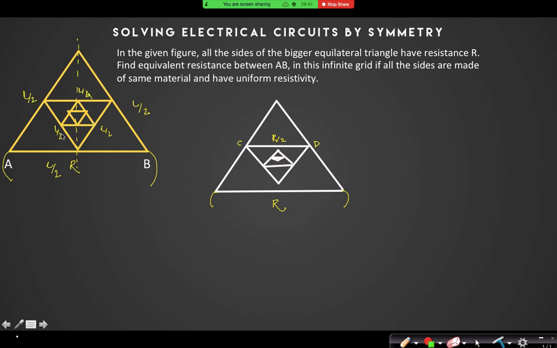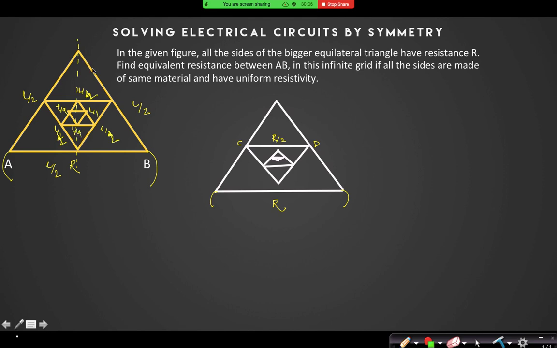Now you can see that if I find this system, then is it equivalent to this system which starts from this second triangle? Yes or no? Because from the second triangle it was L by 2, L by 2, and L by 4, L by 4, L by 4.